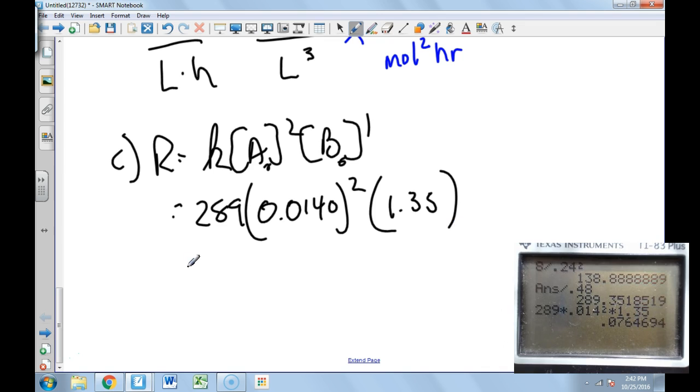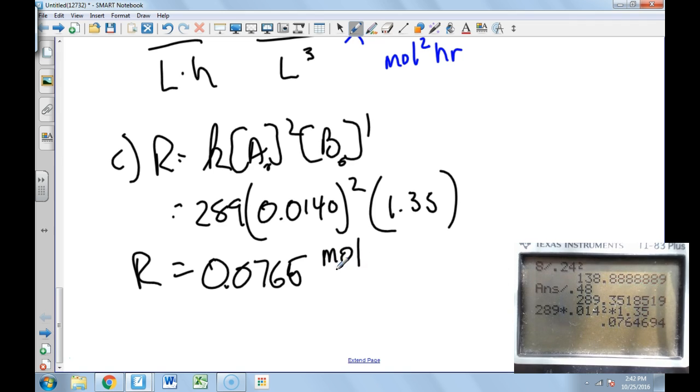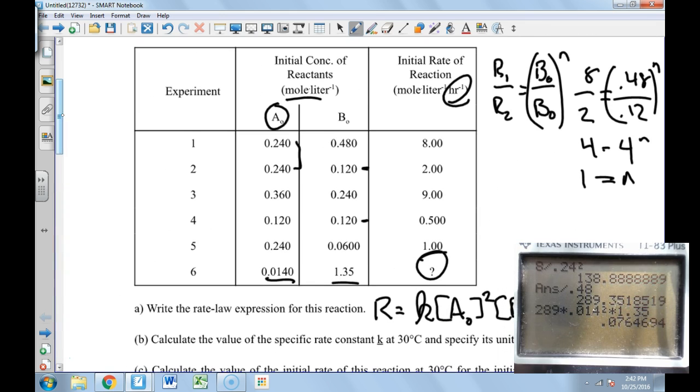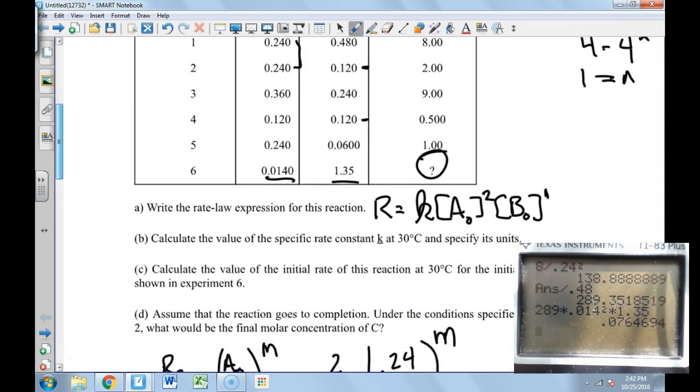And when you do that, you get a rate equal to 0.0765, and the units of rate are moles per liter hour, just like it says right here.